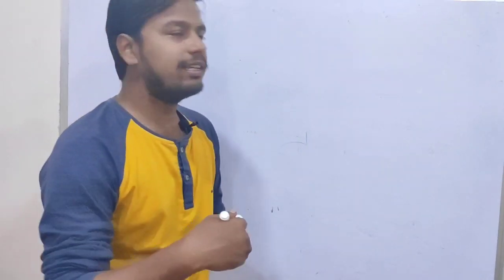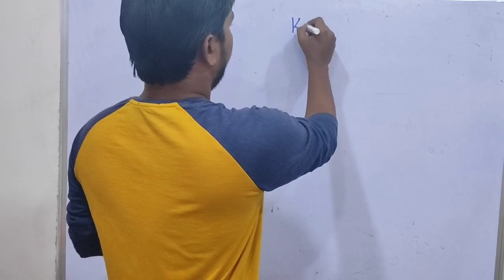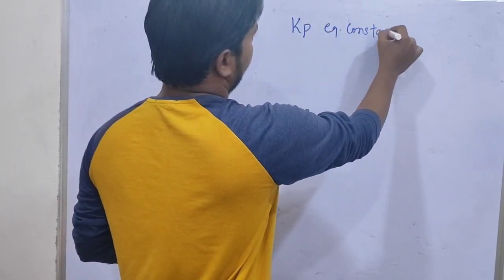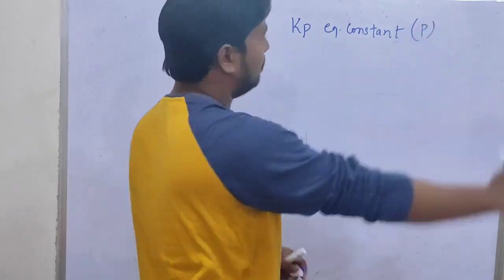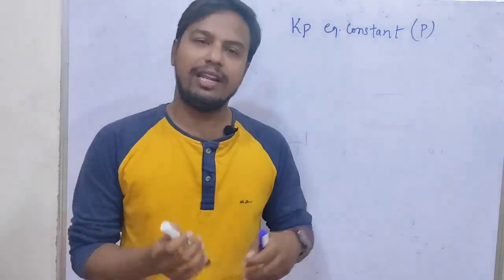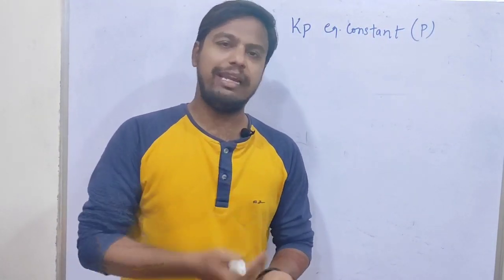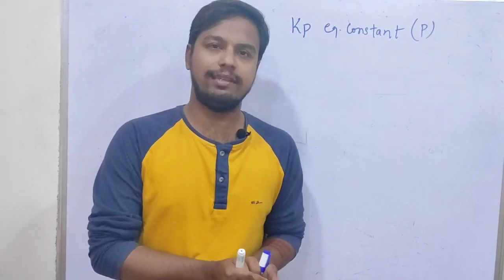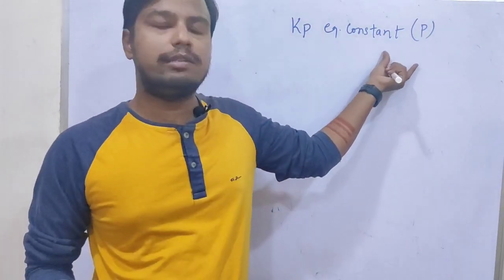So next we have to discuss Kp. What is Kp? It is also an equilibrium constant, regarding the pressure term, partial pressure. So when does the pressure term come? If in a reaction mixture the reactants and products are gases, then the pressure term comes into play.